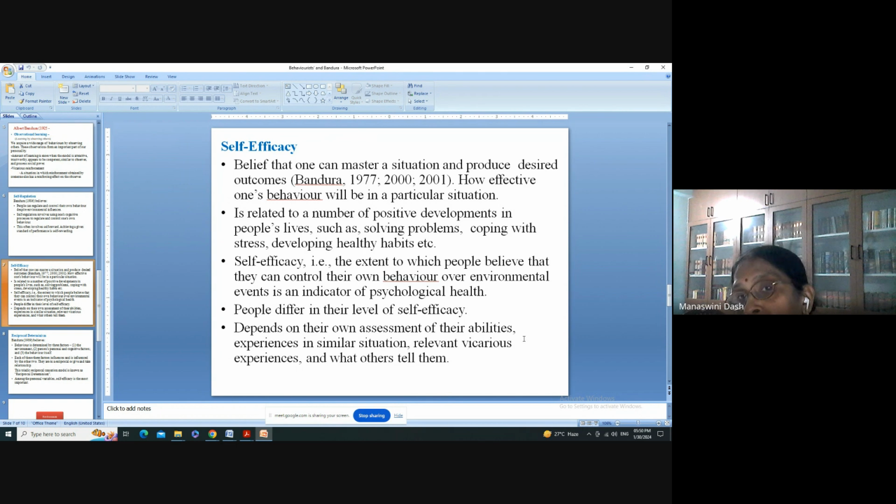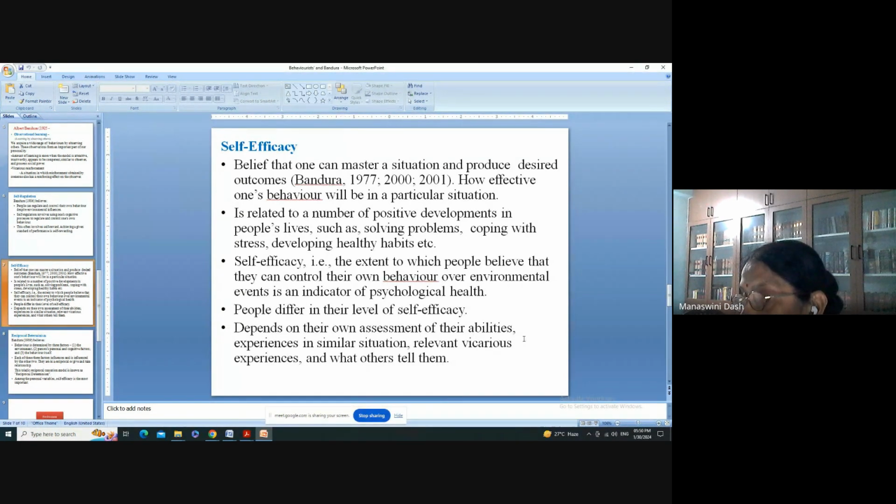So the individual's belief about how effective his or her behavior is in a particular situation is his self-efficacy. It is the person's perception of how effective his behavior will be in a particular circumstance.